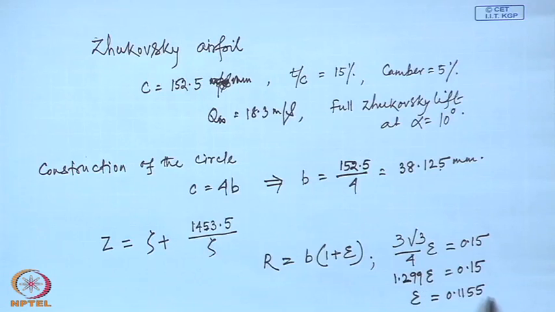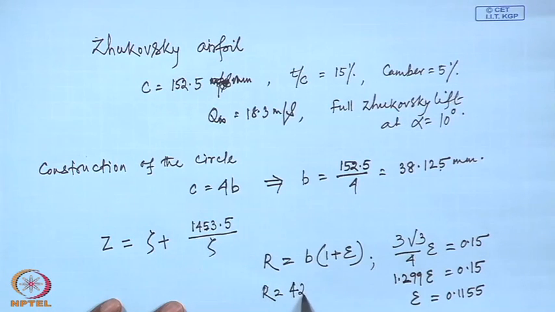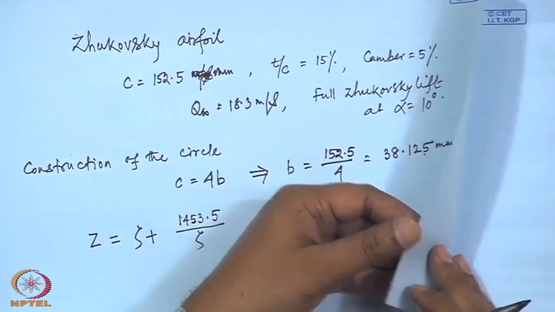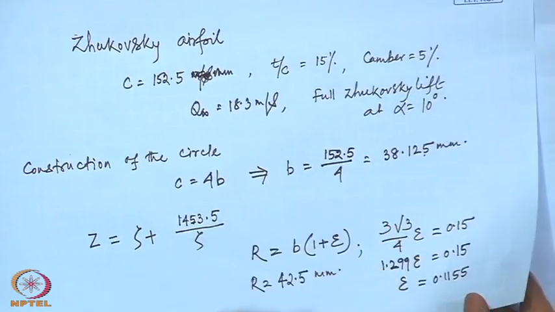Now we have b, we have epsilon, we have radius. Actually it becomes 42.53, but let us take 42.5.